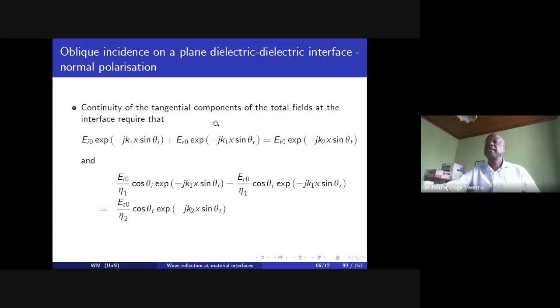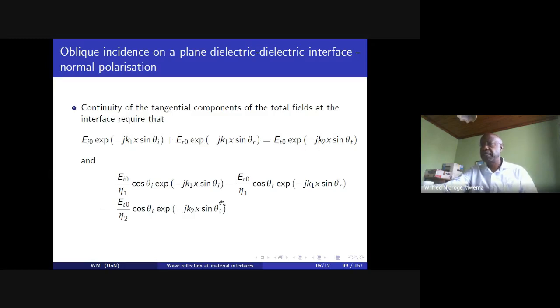So continuity of the tangential components of the total fields at the interface then will require that the x component of the incident wave plus the x component of the reflected wave must be equal to the x component of the transmitted wave at the interface along that interface.